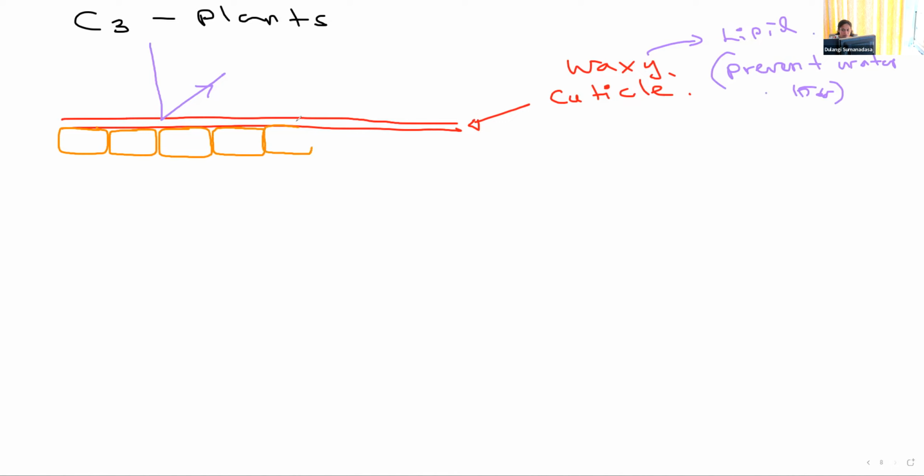The plant is doing everything to save water. So this is tightly packed, brick-like cells, which is known as the epidermis. Why they've been tightly packed is again to prevent the water loss.